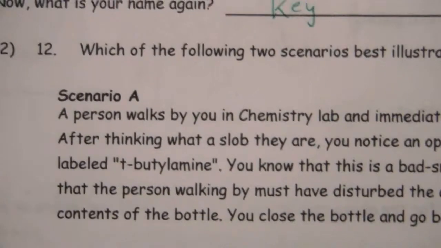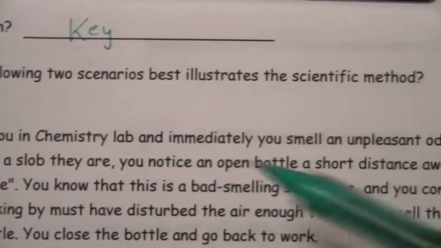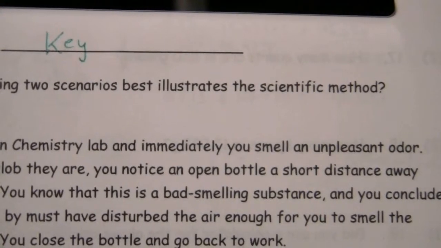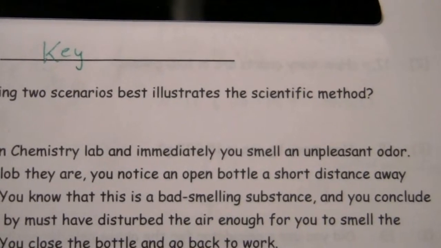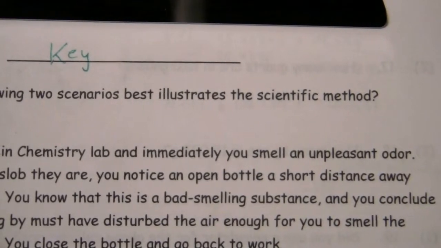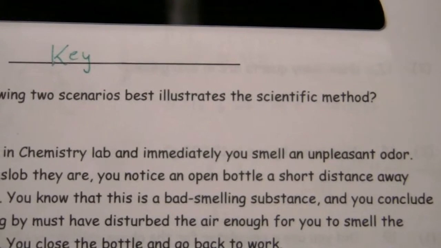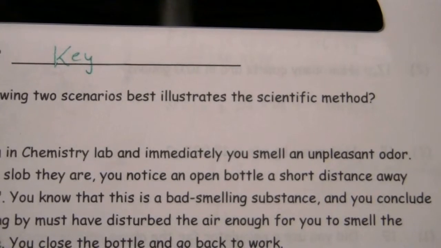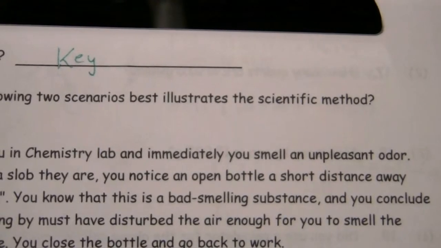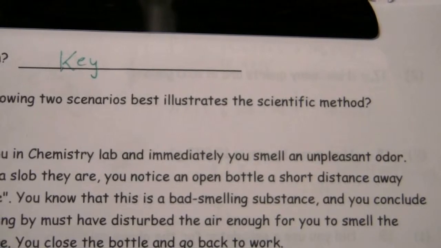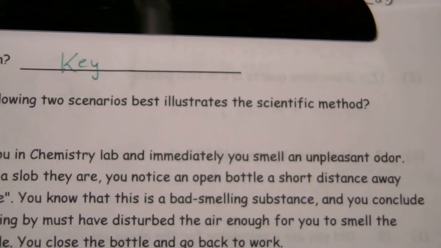All right, so now we have a couple of scenarios, and we want to know which one best illustrates the scientific method. As you recall, the scientific method has observation, some kind of hypothesis or idea, and we test that hypothesis, then look at the data and share the results.